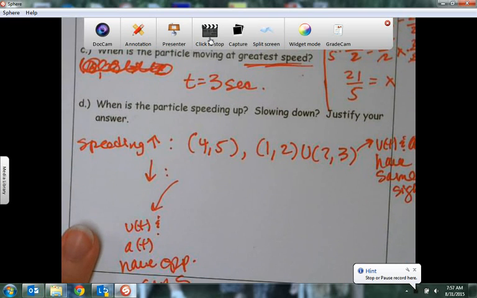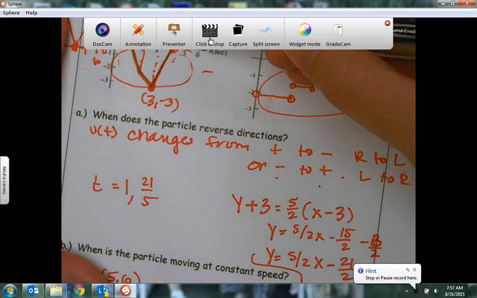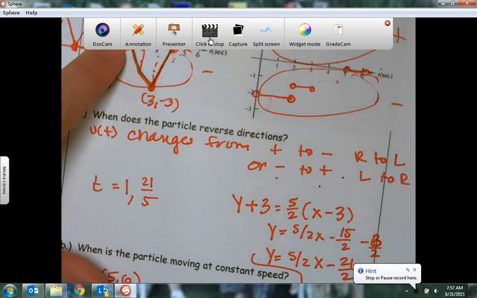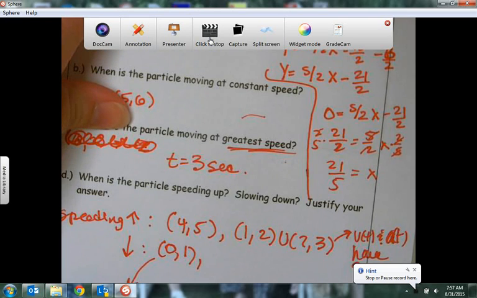So let's see, I am positive from 0 to 1, but negative over here. So from 0 to 1. And then, let's see, I am negative, negative from 1 to 2. From 2 to 3, I am negative, negative. From 3 to 4, velocity is negative, but acceleration is positive.